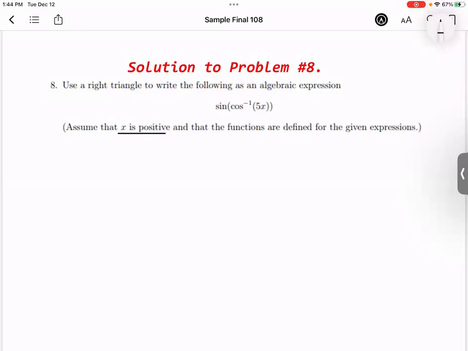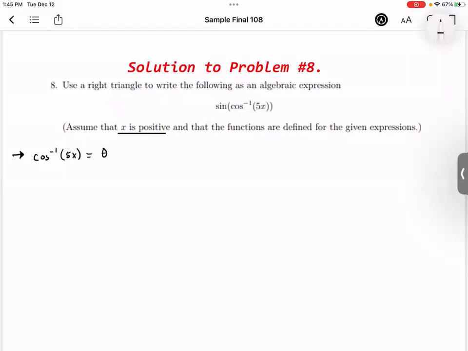We just want to take care of the algebraic stuff. All right. So first of all, if I want to evaluate this trigonometric expression, the first thing I've got to do is take care of the inner function. The inner function is cos inverse of 5x. So I'm going to rewrite it by first setting it equal to theta.